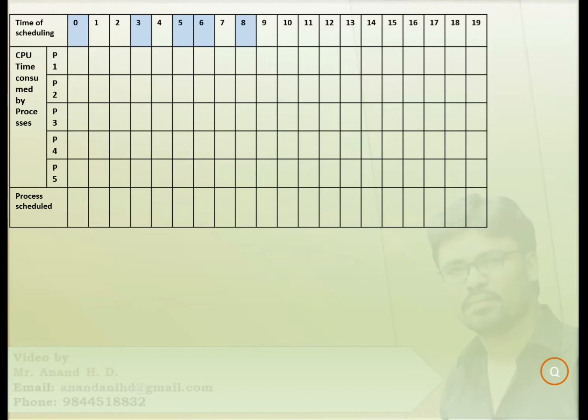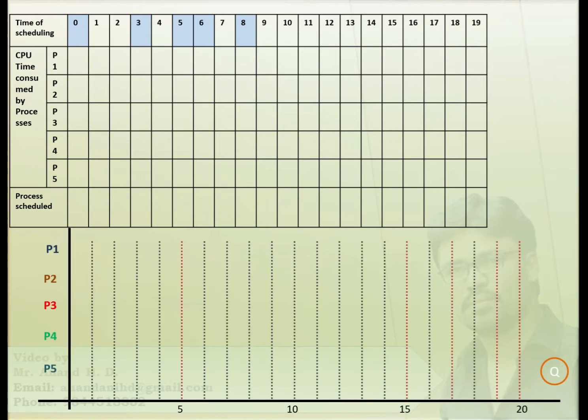And last row specifies the process which is selected or scheduled based on least completed next scheduling policy. Hand in hand, let us go through timing diagram where we have time units on x-axis and on y-axis we have processes P1, P2, P3, P4 and P5.